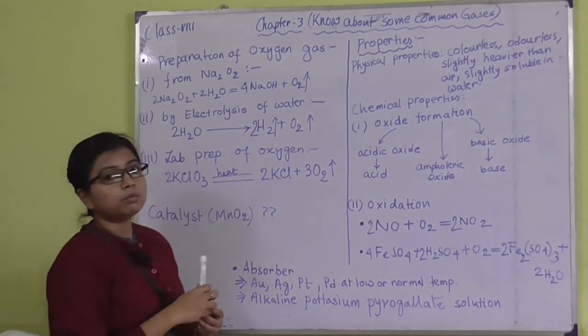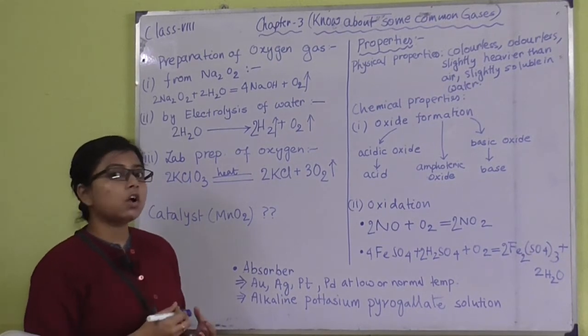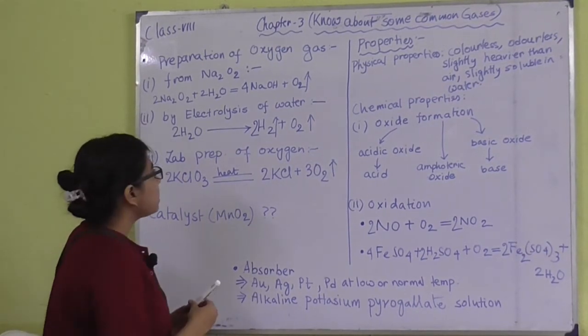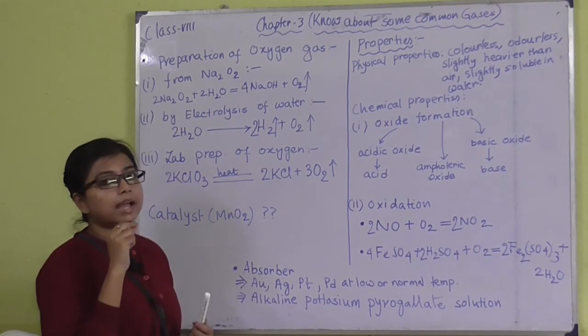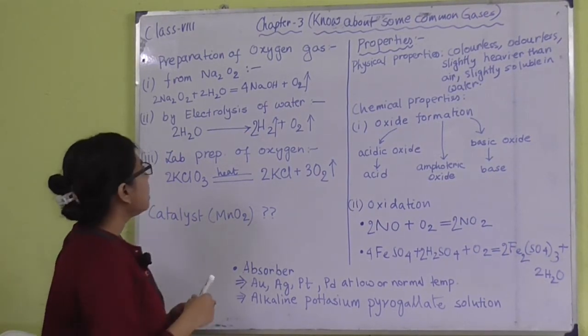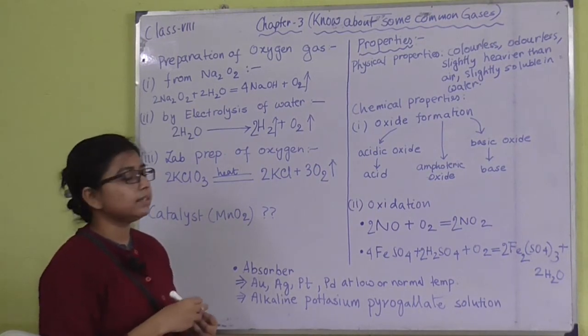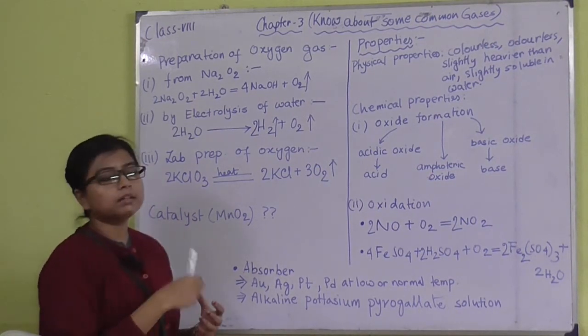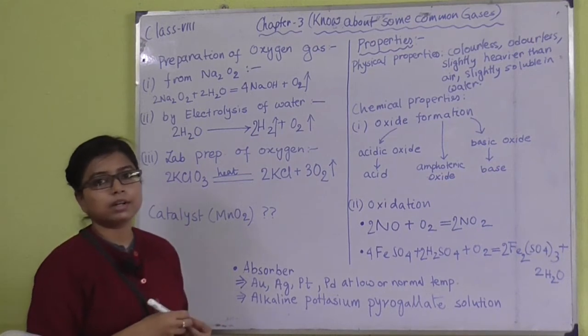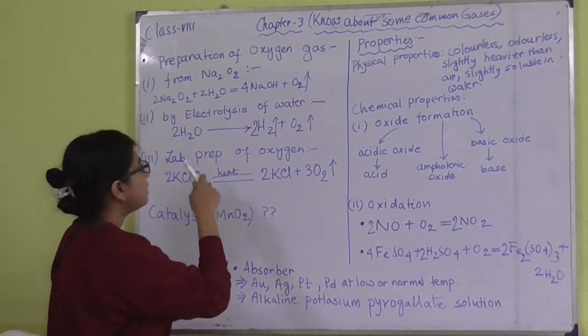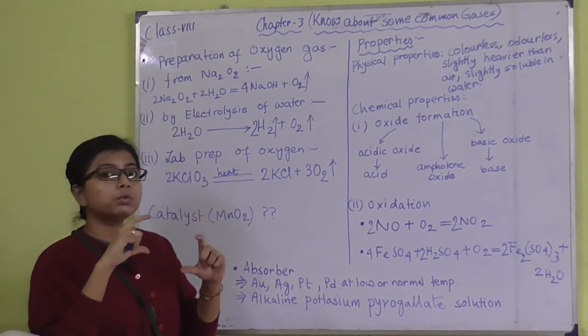But we know that water is a very bad conductor of electricity, so that is why we have to use acidified water. We can mix sulfuric acid or hydrochloric acid, and then we can use the water as an electrolyte, and then we have to put two electrodes.